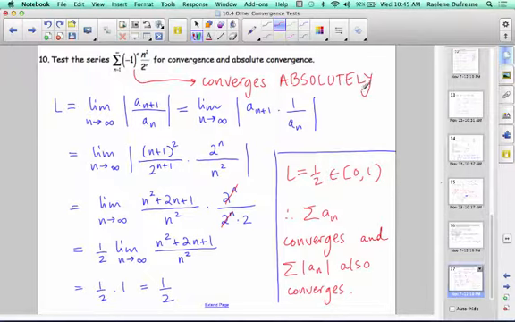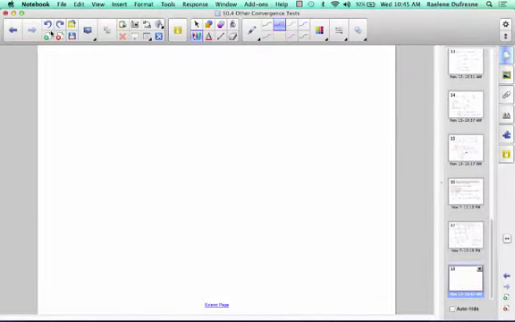Just to kind of understand the ratio test a little bit better, let's consider another simple type of series that has a ratio involved. Let's go back and recall the geometric series.